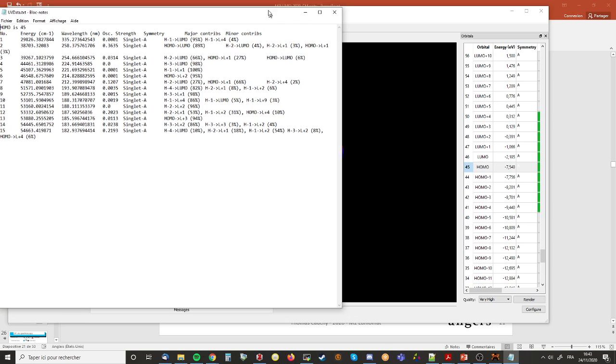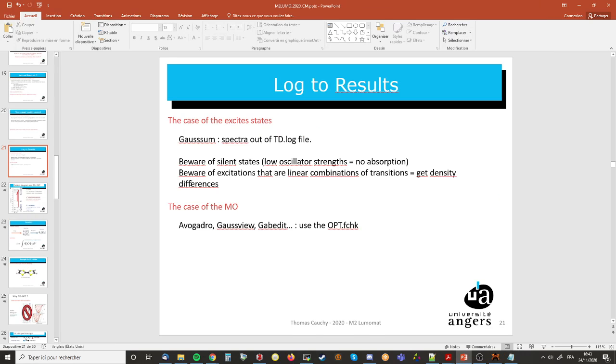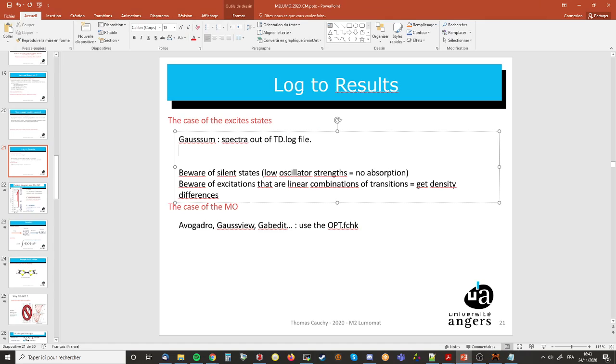Not the GaussSum directory in program files, but in your folder where there is the td.log.